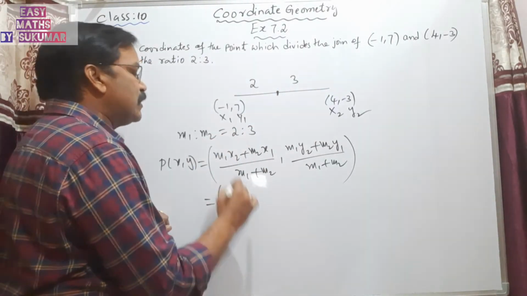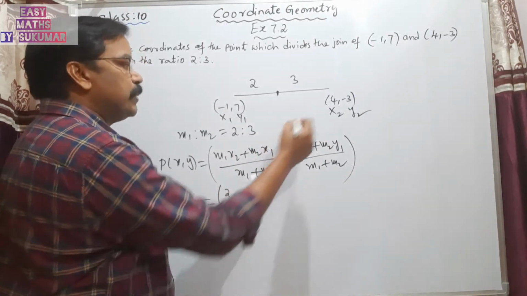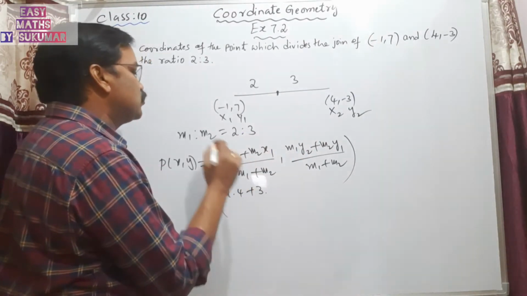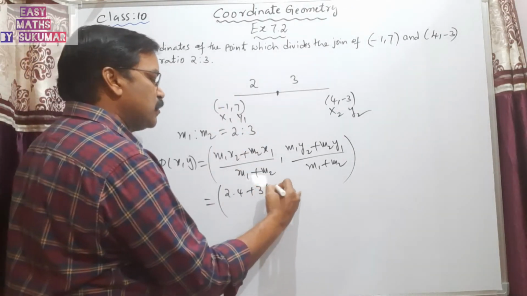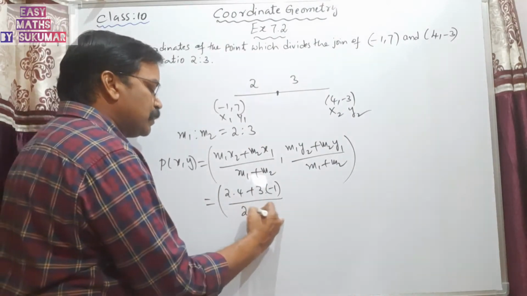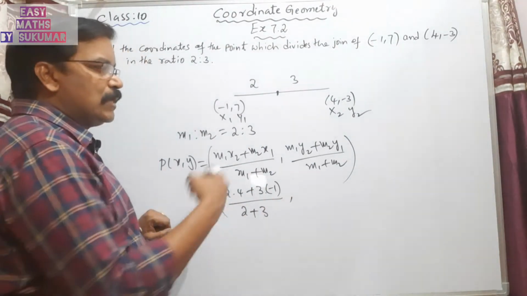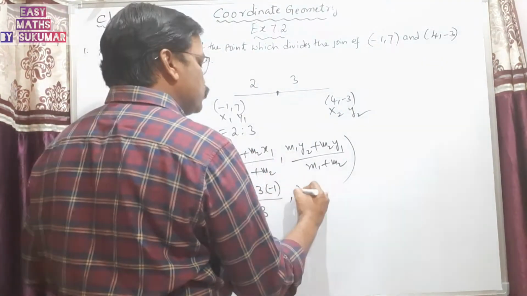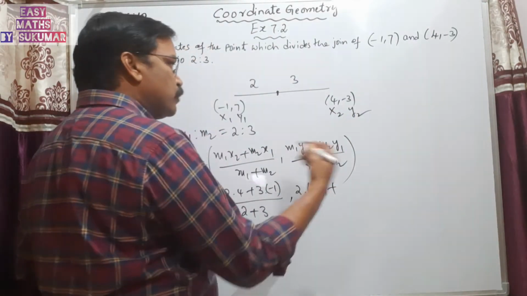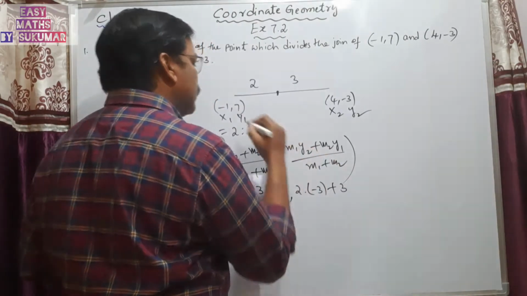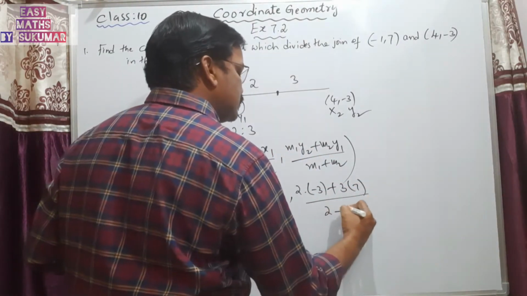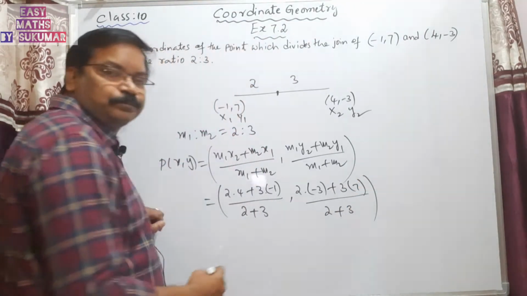What is m1 here? 2 into x2 is 4, plus m2, that is 3 into x1, which is -1, by m1 plus m2, that is 2 plus 3, comma, m1 y2: 2 into y2 is -3, plus m2 y1: m2 is 3 into y1 is 7, by m1 plus m2, that is 2 plus 3.